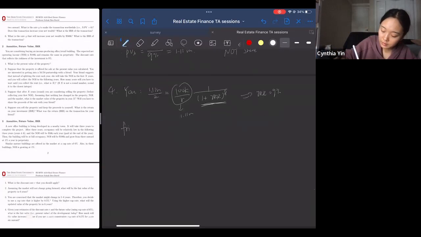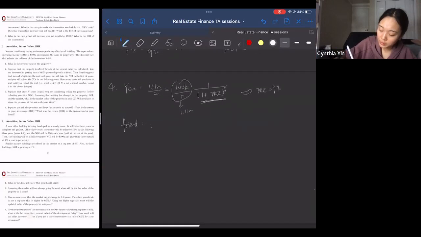And the friend, what is the friend's return? So again, your friend pays 1.11 million divided by 2. And the annuity part contains 2 parts.